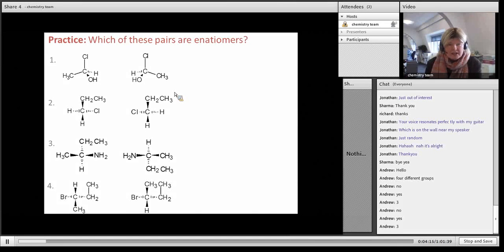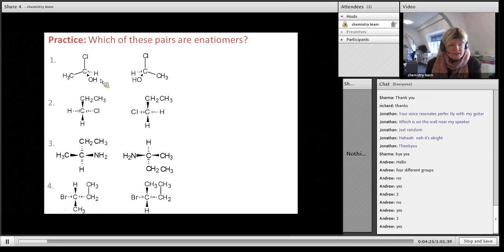If you look at number 1, is the second molecule over here reflecting the first molecule? So is it a mirror image? Yes, it is. So those are 2 enantiomers, or a pair of enantiomers. Now that one was easy because it's showing the mirror image very clearly.